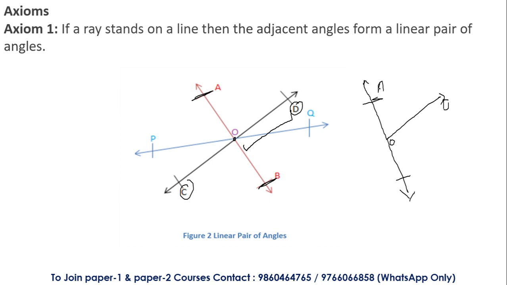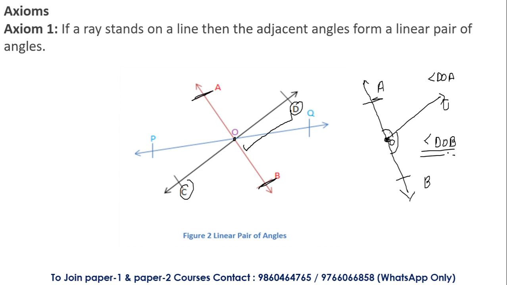This was A, this was B. So due to the intersection of these two lines, angles are formed, that is angle DOA, and this is the angle DOB, right?